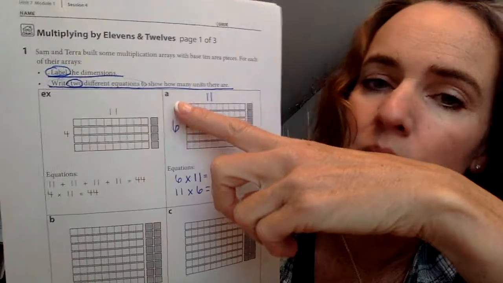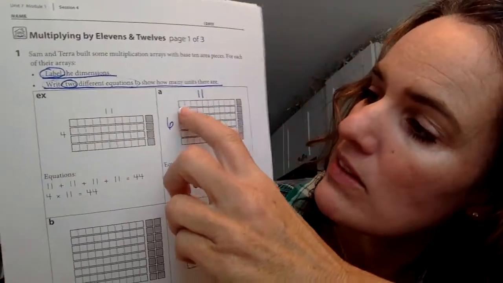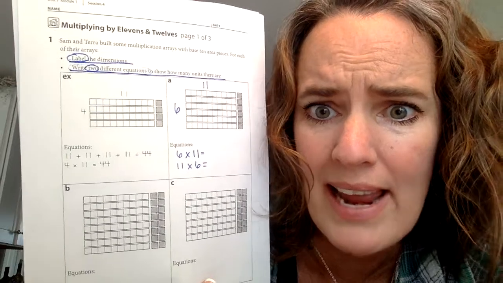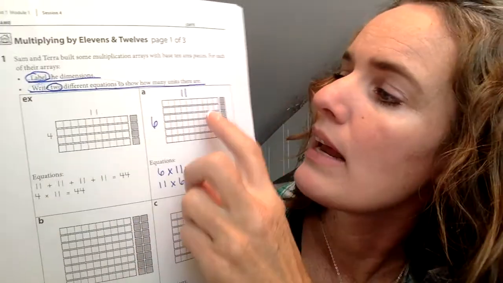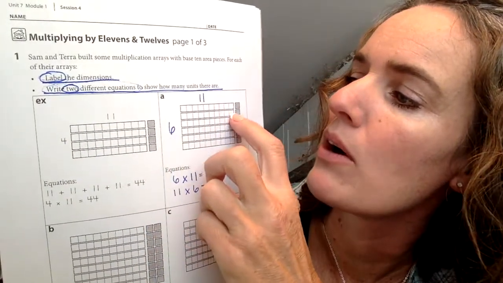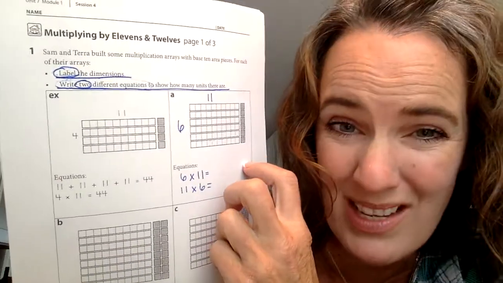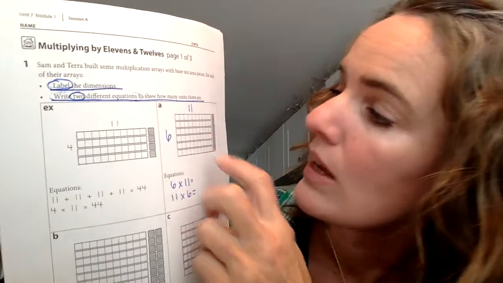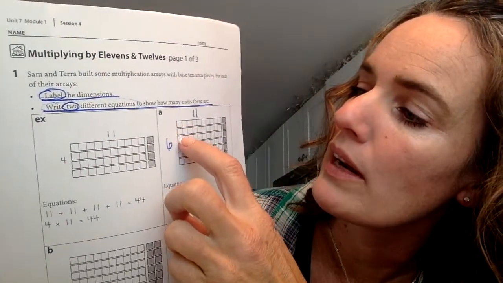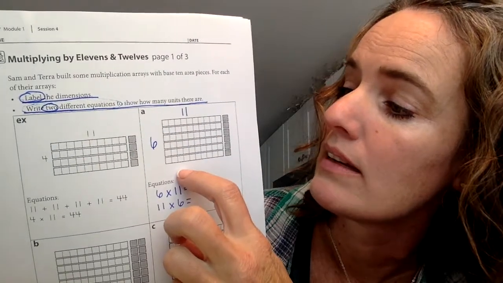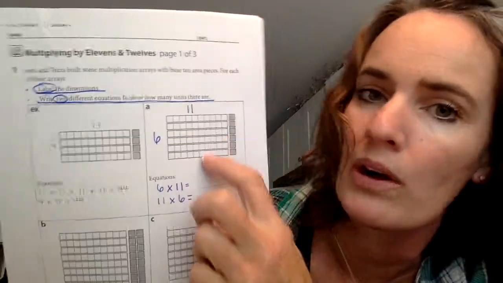Now, should I count each one of these units, each one of these squares one by one? No! I'll be here all day. I don't want to do that. Now, you told me there's 10 in this row, so why don't I just count by 10s? I'm leaving this shaded part out for now because that's multiplying by 11's. So I've got 10, 20, 30, 40, 50, 60, plus how many more?